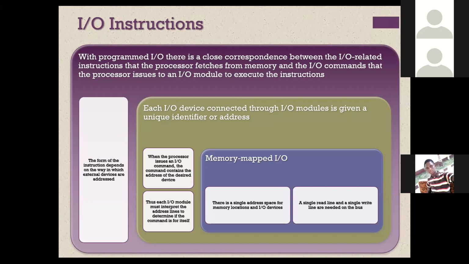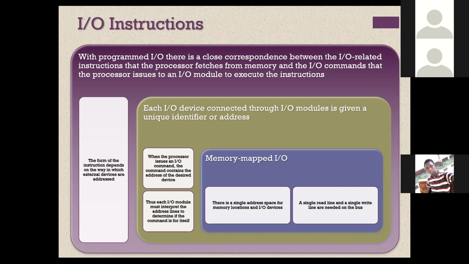The processor treats the status and data registers of the I/O modules as memory locations and uses the same machine instructions to access both memory and the I/O devices. So for example, with 10 address lines, a combined total of 2 to the power 10, which is equal to 1K or 1024 memory locations and I/O addresses, can be supported in any combination of our choice.